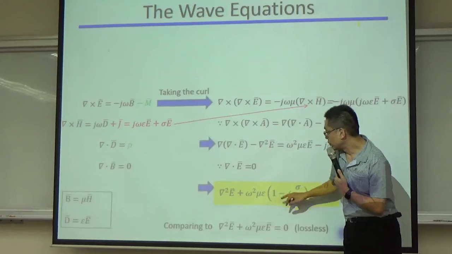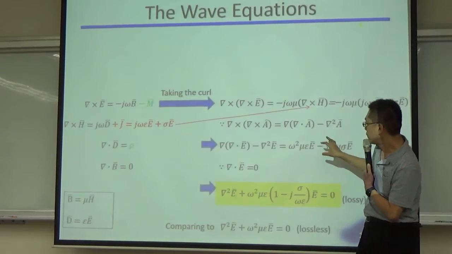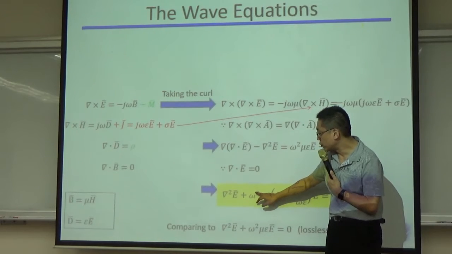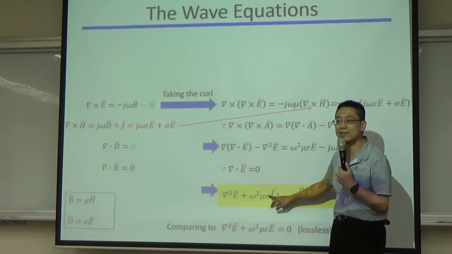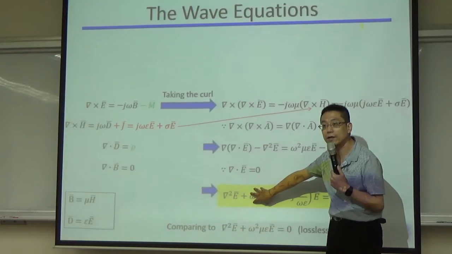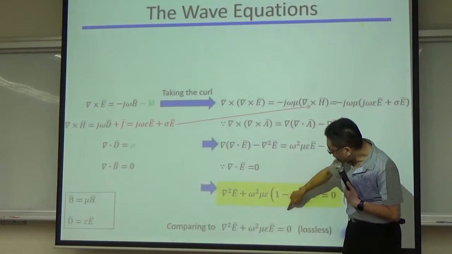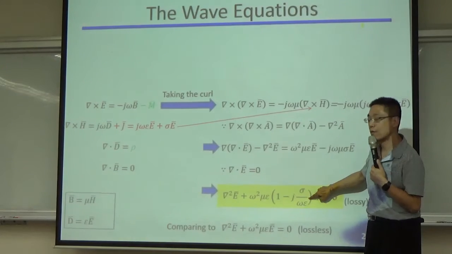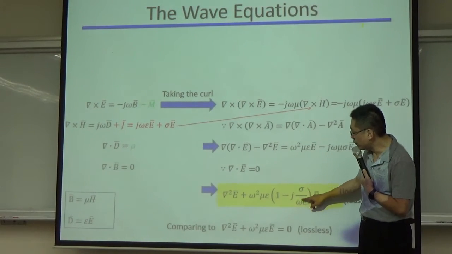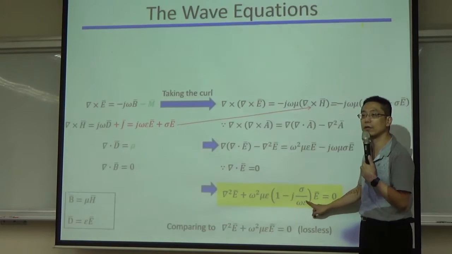Then you just take the same part, omega squared times mu epsilon, which is k squared, outside, and you will have this new term, 1 minus j times sigma over omega epsilon. This is a new term.